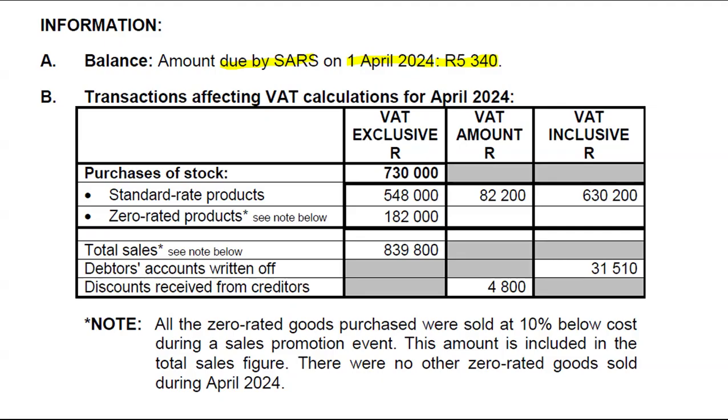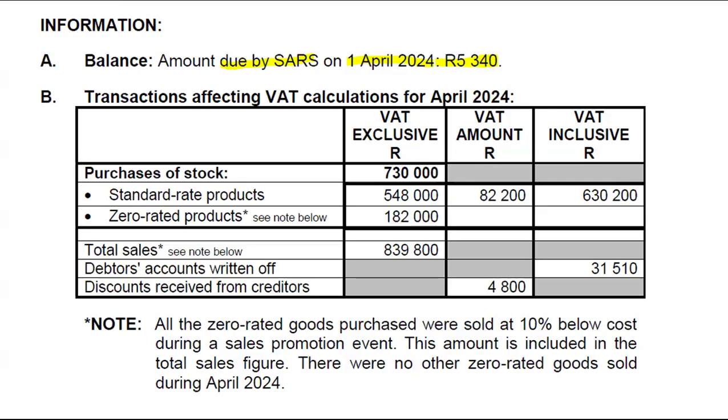So these goods that were sold, their selling price will be included in that 839,800. And please note, we don't have the selling price of these goods. We still need to calculate it. They say this amount is included in the total sales figure, meaning that it is included in that 839,800. There were no other zero rated goods sold during April 2024.